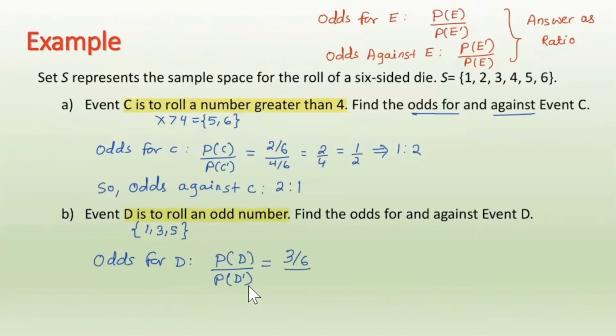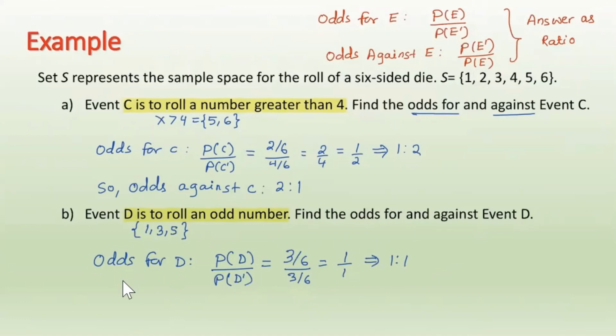And then not D, the numbers that are not odd: if you exclude 1, 3, and 5, you'll still have 3 numbers there, which is 3 over 6 again. 3 over 6 in the numerator, 3 over 6 in the denominator. So when you cancel, it will be 1 over 1, which is the same as 1:1, equal chance. There is an equal chance of getting an odd number and an even number. That is the meaning, 1:1.